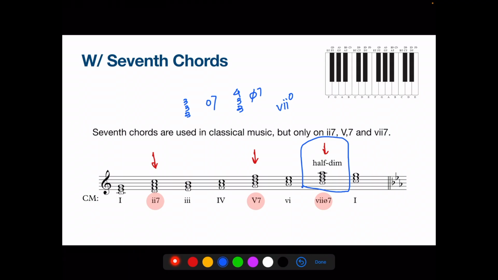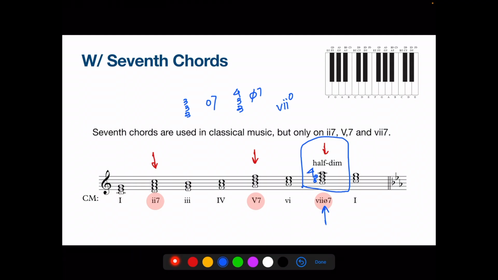In this case, it just happens to be B, D, F, and A. And between B and D, that's 3 half steps. Between D and F, 3 half steps. And F and A, that just happens to be 4 half steps. That's why you need to remember that this is a half diminished 7.